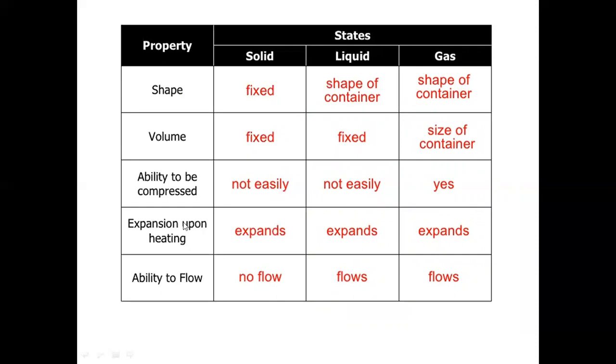In terms of expansion upon heating, the particles of a solid can expand slightly when heated, as the particles are given more kinetic energy. They are not able to flow as the particles of the solid are in a fixed lattice, which does not allow the particles to slide past each other.